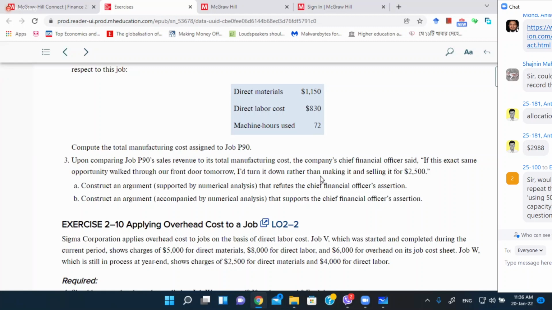It is a strong argument that I'll not take any job like job P90. So we have to make some argument against the chief financial officer, and also in support of the chief financial officer.